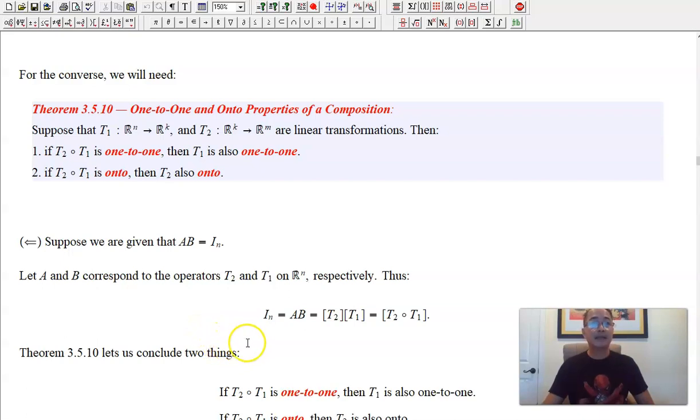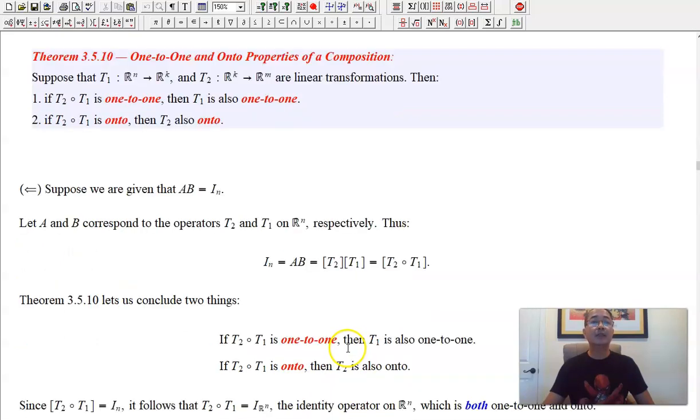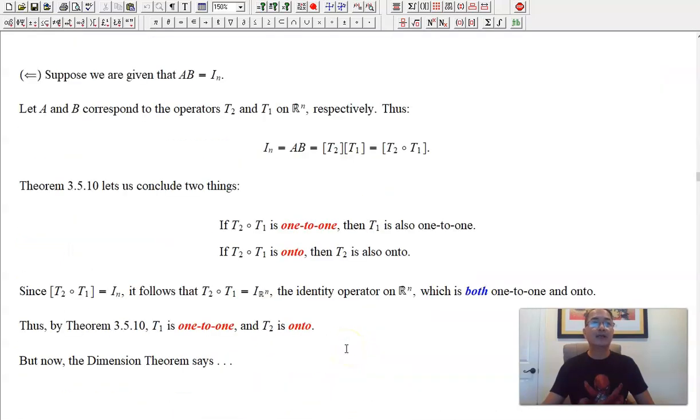But since the identity operator is both one-to-one and onto, then we can conclude that the inner transformation T1 has to be one-to-one and the outer transformation T2 has to be onto. Okay, so that is where we are.